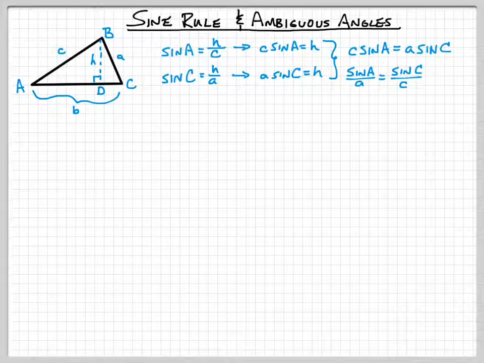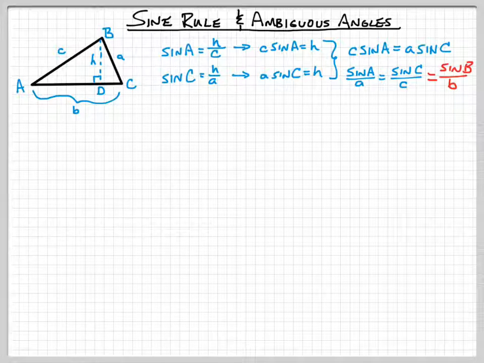And if we were to drop the height from A to side A or C to side C instead of B to side B, we would also see that you could get the same proportion with B. So you get sine big B over little side B.